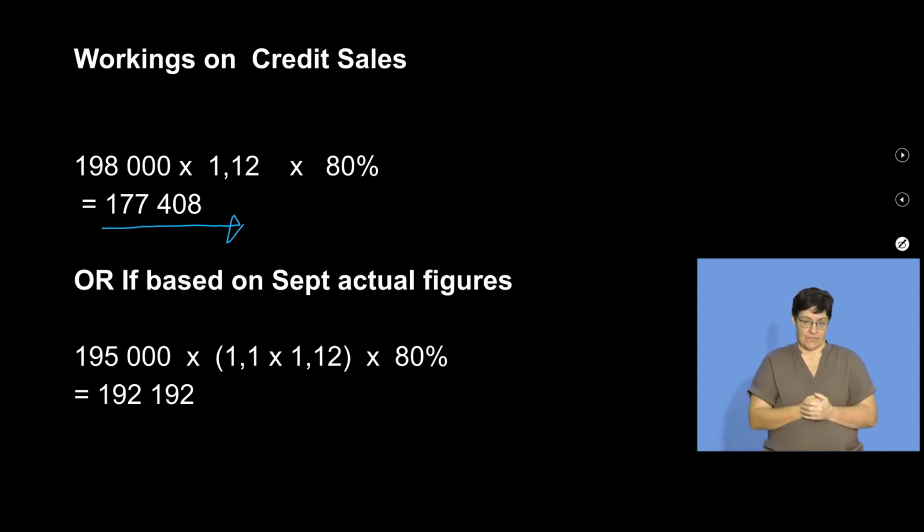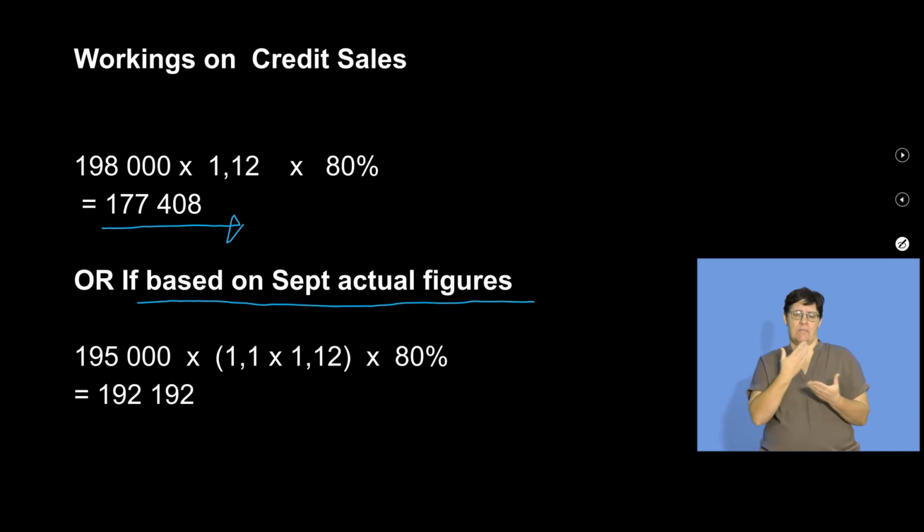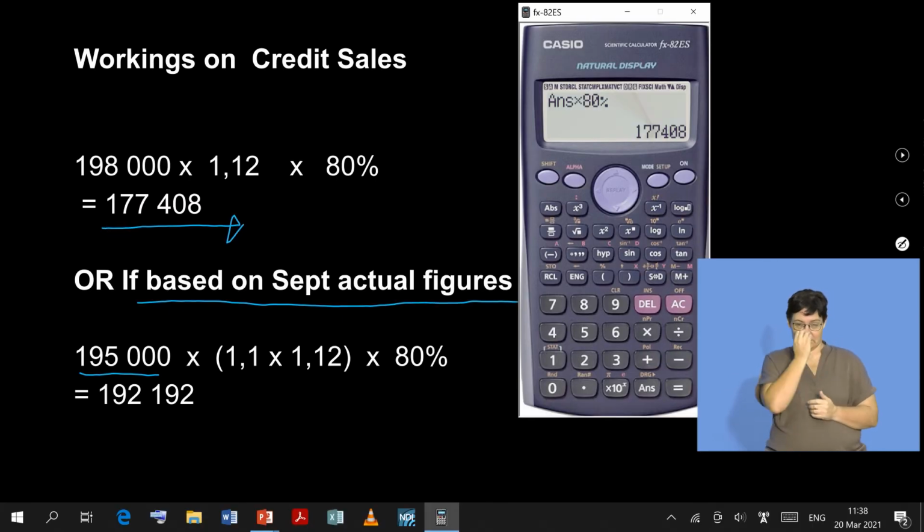You could also work with your September actual figures, right? And if you're doing that, then watch, it's 195,000 times the 10% increase, and then a 12% increase, and then 80% of that figure. So in other words, if this is what we're going to do here, watch what we're going to do.